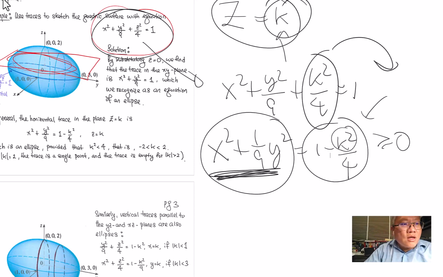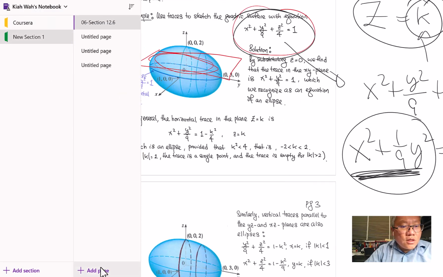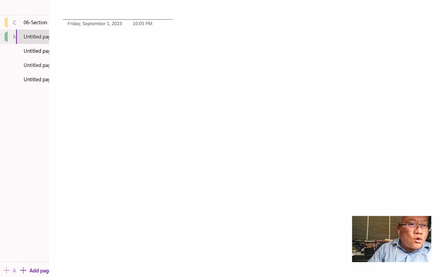Does that make sense? Okay, let me do this computation here. So what was it again? We have the equation in the notes: x squared plus 1 over 9 y squared plus z squared over 4 equals 1.